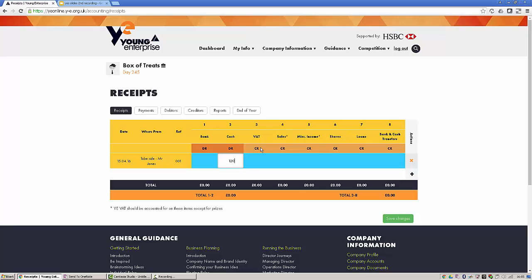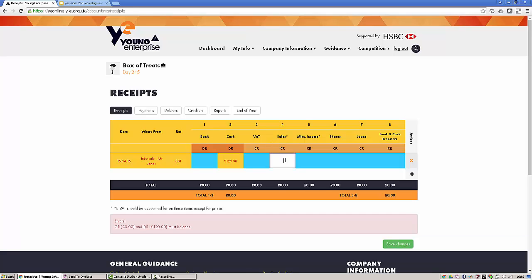I then need to think about the credit side of the transaction. So this time I'm going to have to record the sale, but remember that this time the sale is only for £100. So you see there when I clicked on sales, it tells me at the bottom of the screen that I've got an error because my debits and my credits must balance off. So I'm going to record the sale of £100, and then I'm going to have to add on the £20, which is for my VAT.